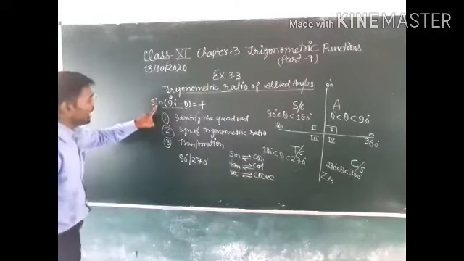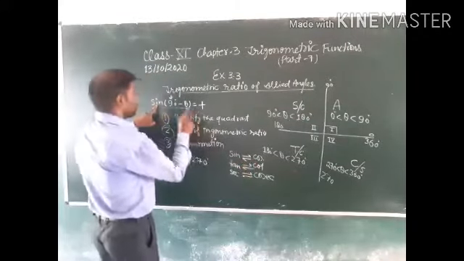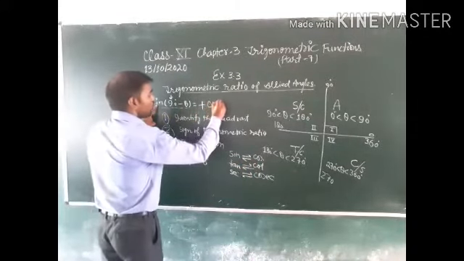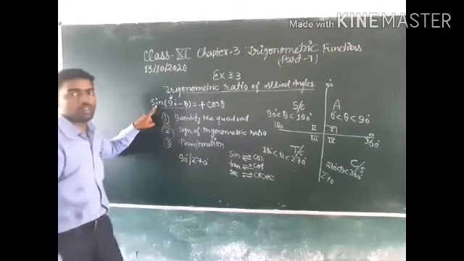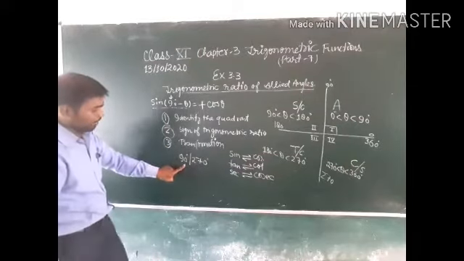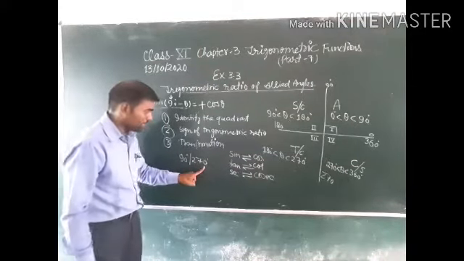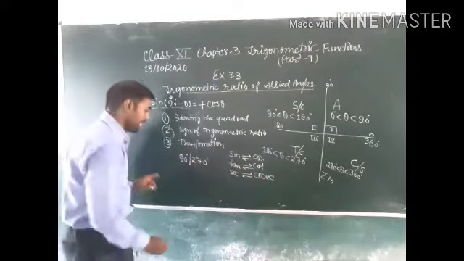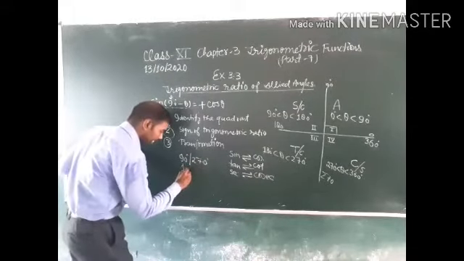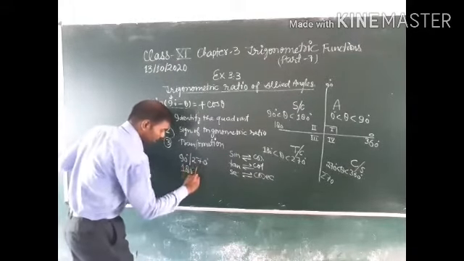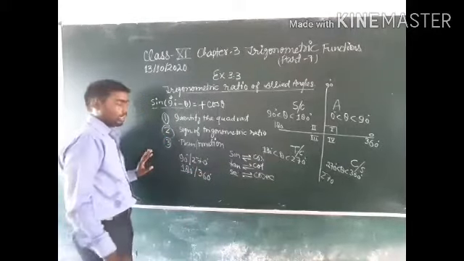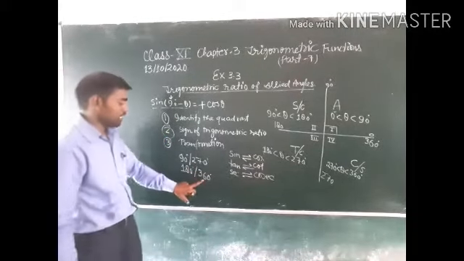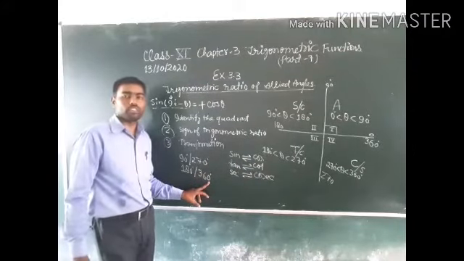So the sine converts into cos, and this is cos theta. With 90 and 270 degree transformation occurs, and with 180 degree and 360 degree transformation does not occur.